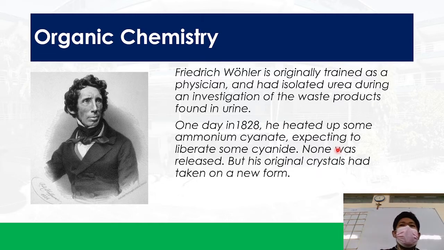So what is urea? Urea is a crystalline material found in urine. It is one of the products in urine that gives it a foul smell. It is also related to ammonia and other nitrogen-containing compounds.